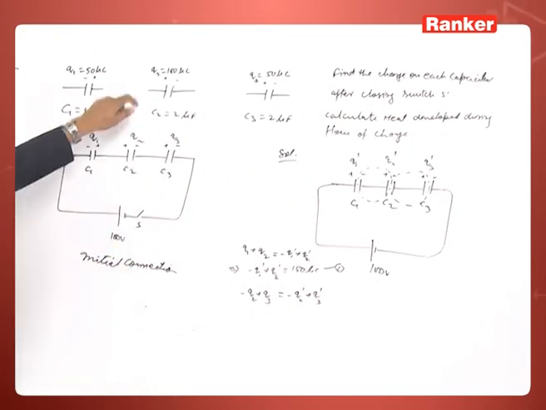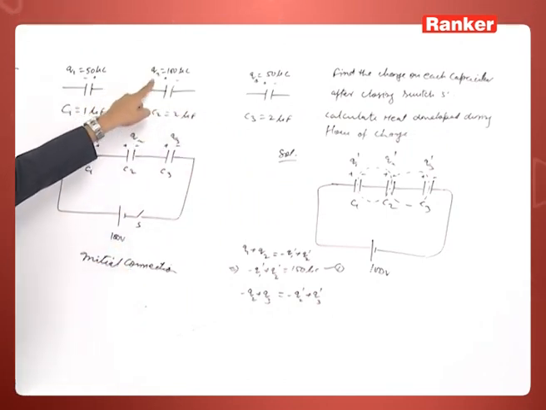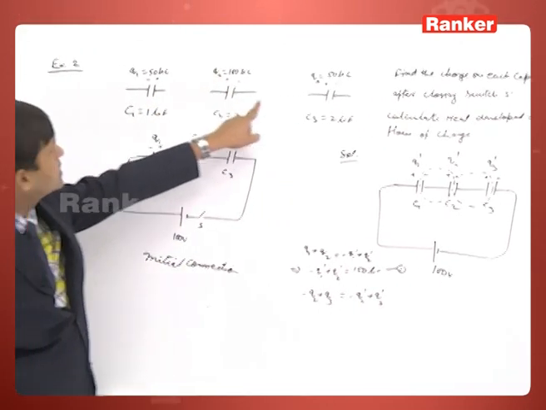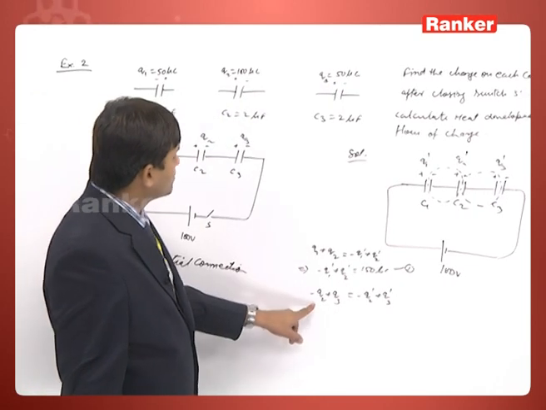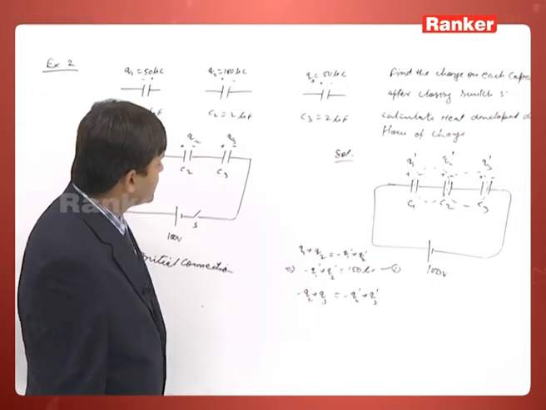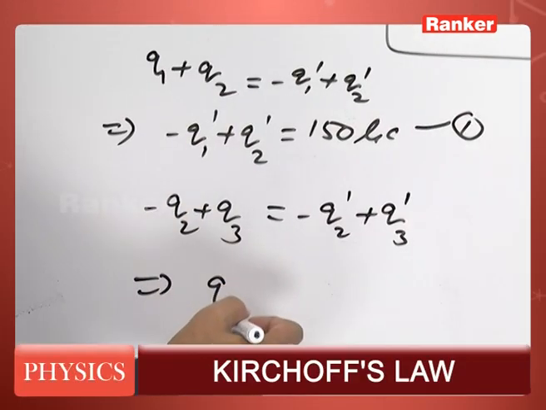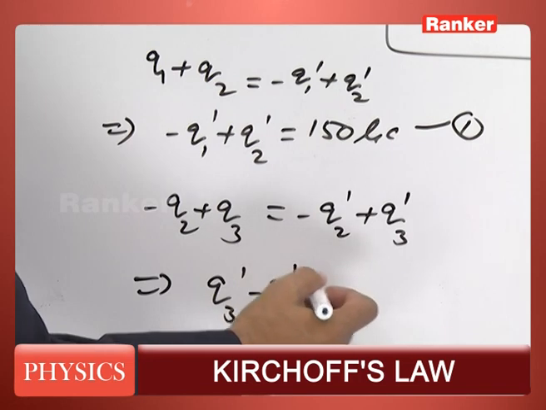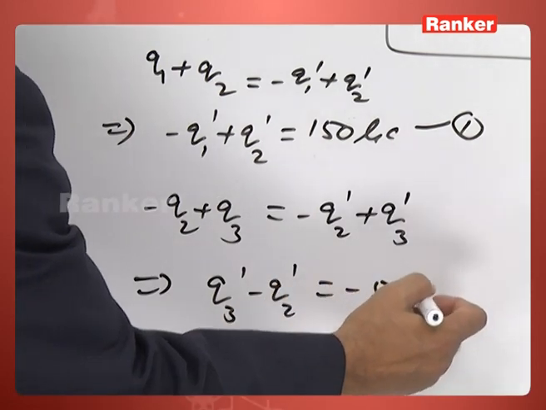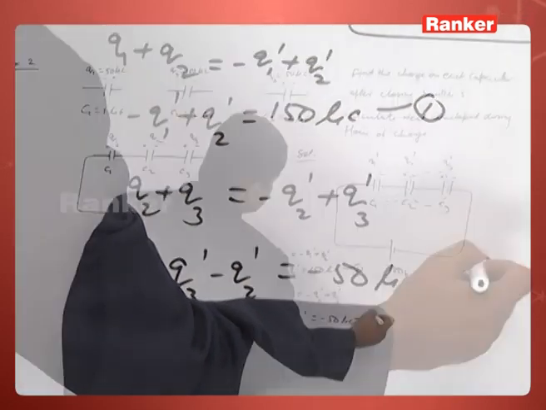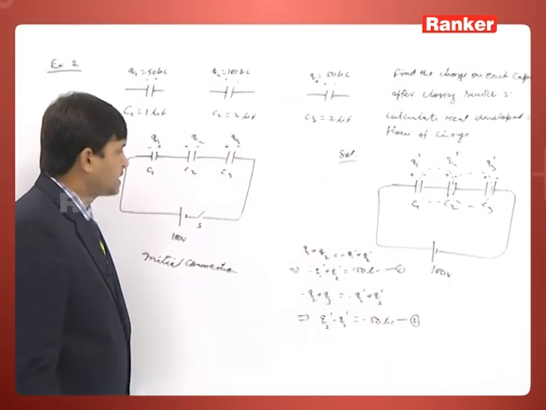Substitute the value of Q2 and Q3 again: Q2 is 100, Q3 is 50. So minus 100 plus 50. From here we have Q3 dash minus Q2 dash is minus 50 microcoulomb. This is your second equation.